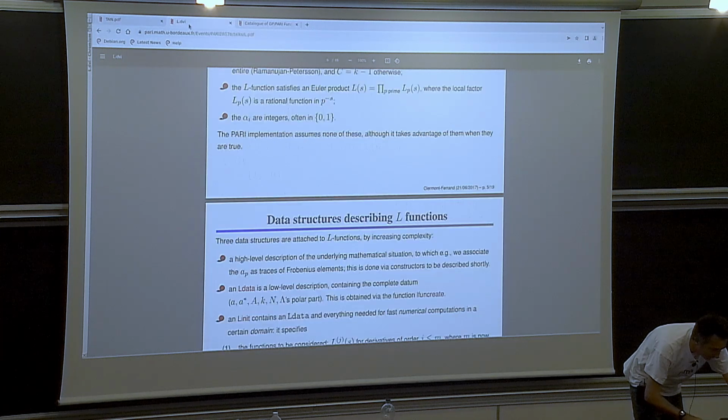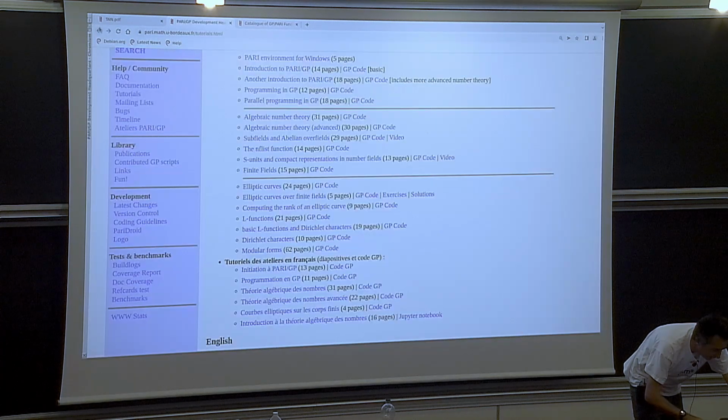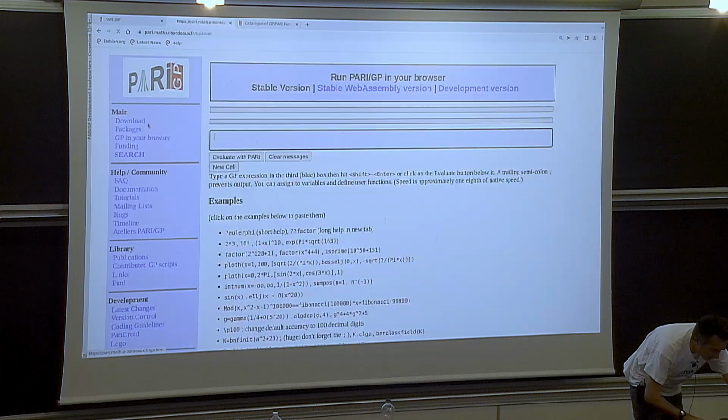So, okay, GP in your browser. So you take a number field. I don't know what you want. It's x cubed minus 2. Okay, not very ambitious, sorry. And you can do lfuncreate of K.